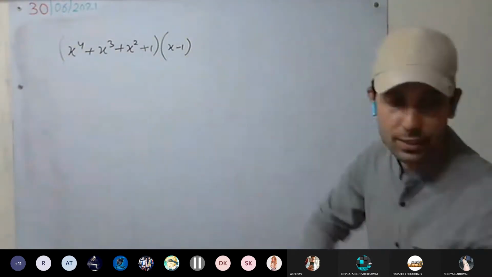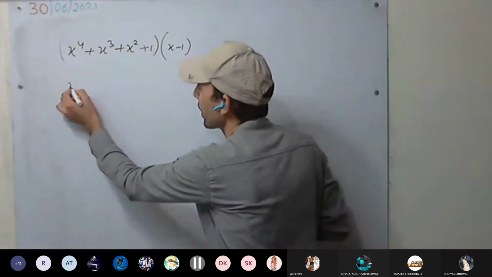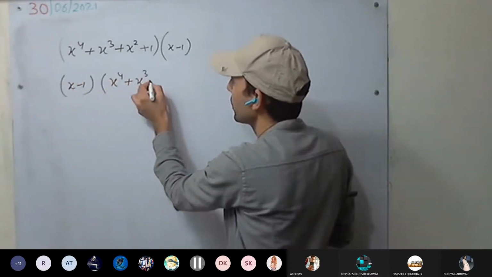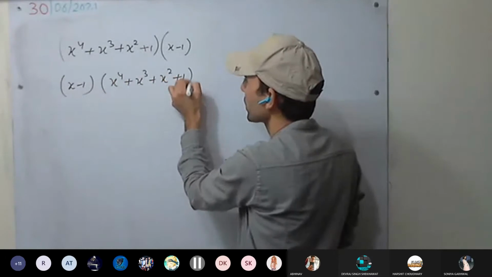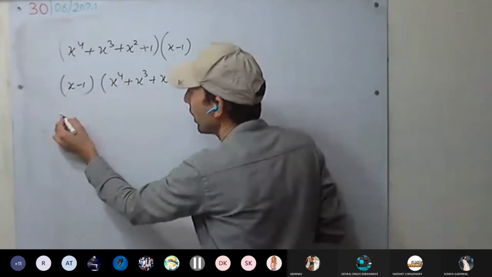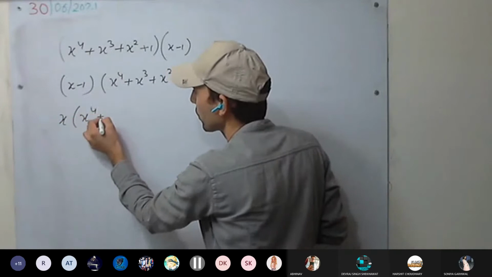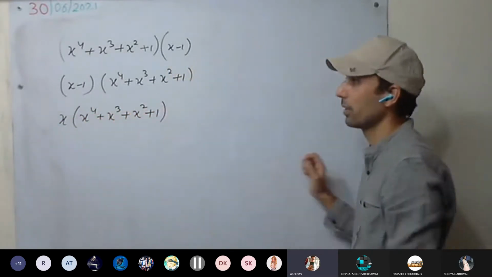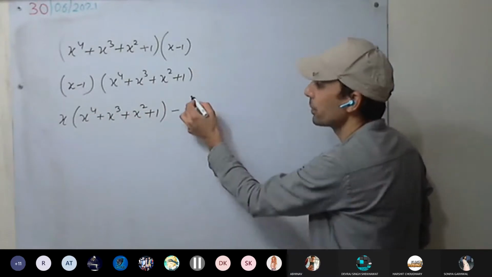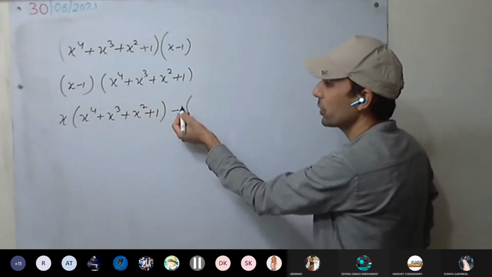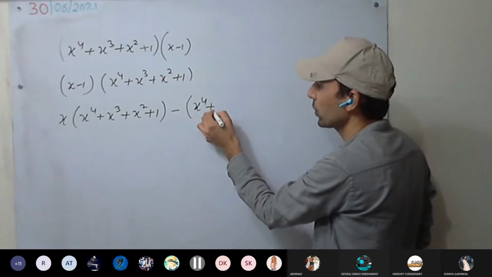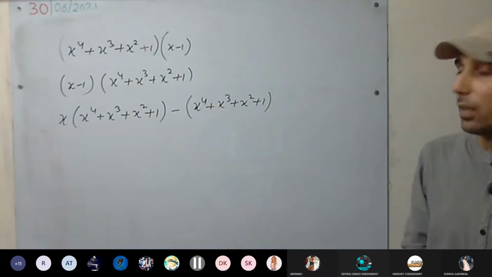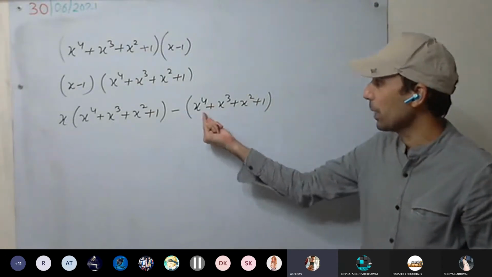If we rewrite this expression, x minus 1 into x to power 4 plus x cube plus x square plus x plus 1. Now x into x to power 4, x cube, x square, x, 1, and minus 1 into all of them.